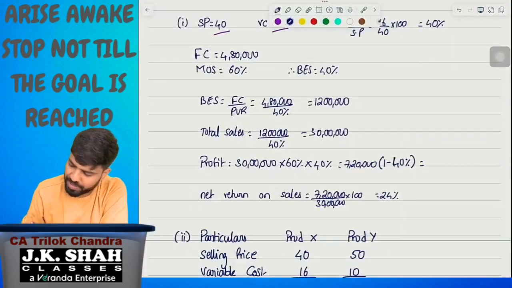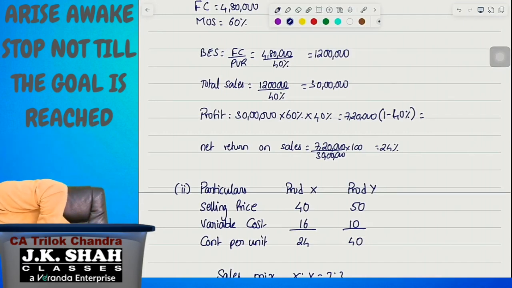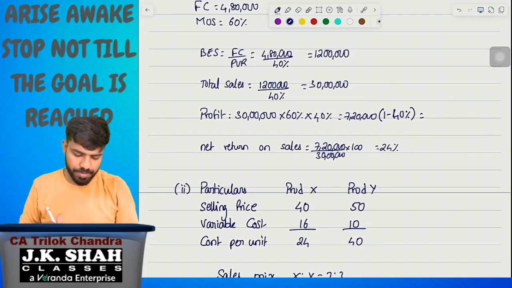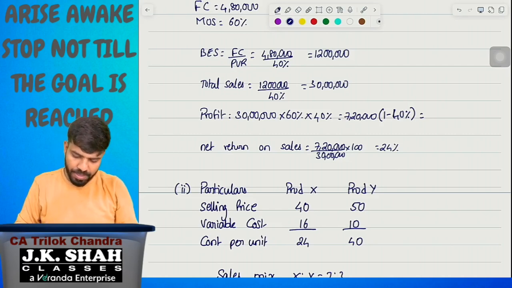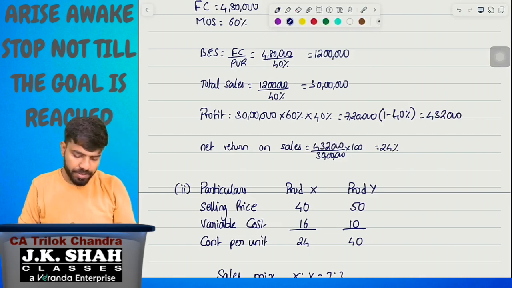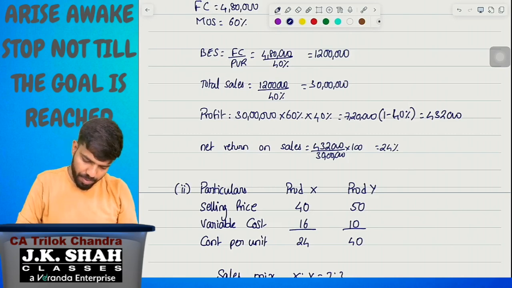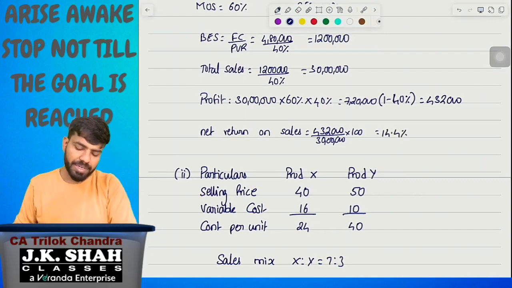Okay, let me finish this. Four lakh 32,000. So 4,32,000 divided by 30 lakhs, 14.4%. 14.4% net return on sales.